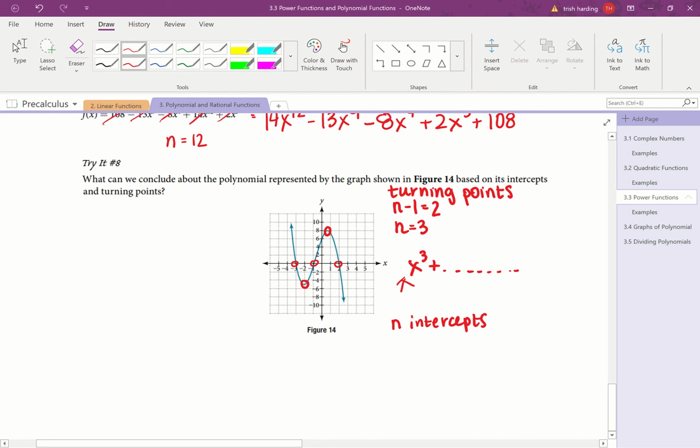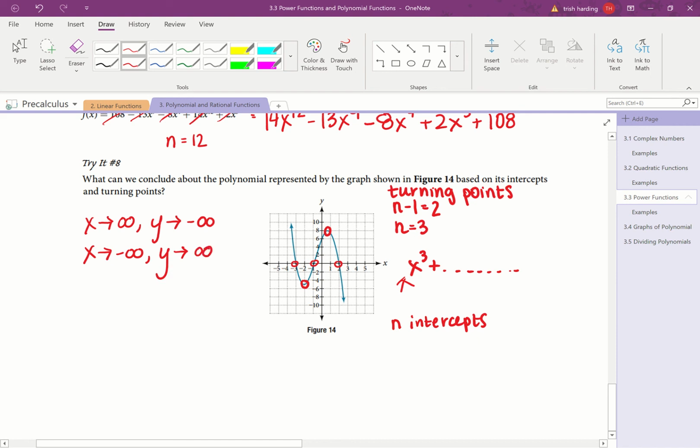Now, based off the end behavior, as x approaches infinity, our y is going to approach negative infinity. And as x approaches negative infinity, our y is going to approach positive infinity.